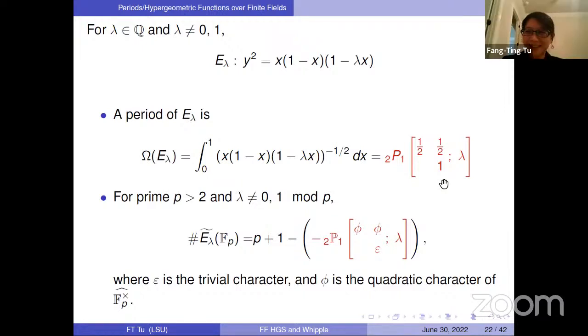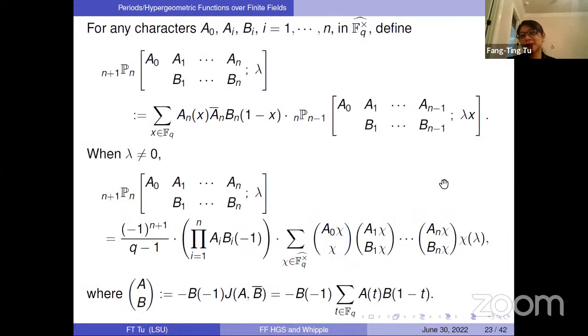Okay, so we can define a higher dimensional P function inductively by this formula, which is parallel to the integral representation of the classical hypergeometric functions.